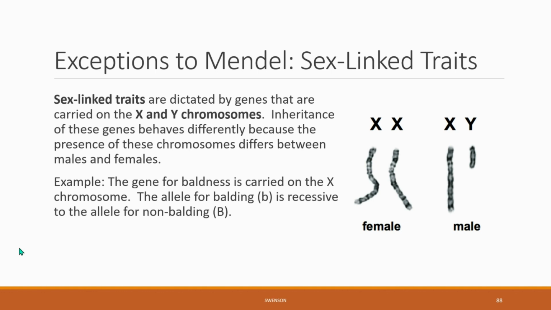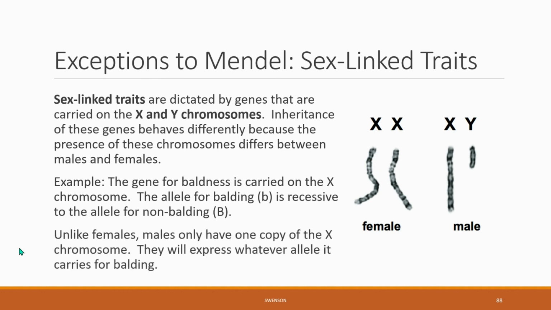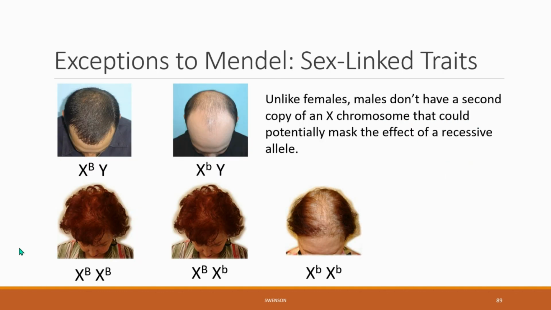The allele for balding, lowercase b, is recessive to the allele for non-balding, capital B. Unlike females, males only have one X chromosome, so they will express whatever allele it carries for balding, whereas females could have one on each, so it'll be a little bit different. We'll see how that looks.